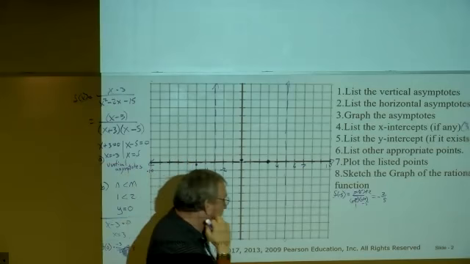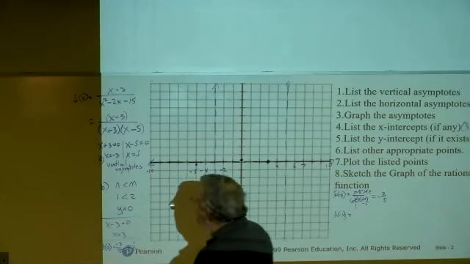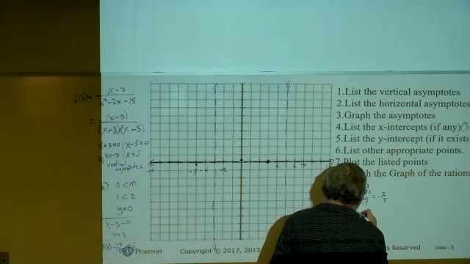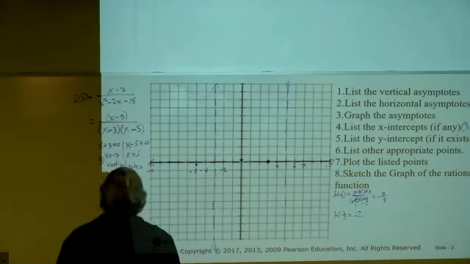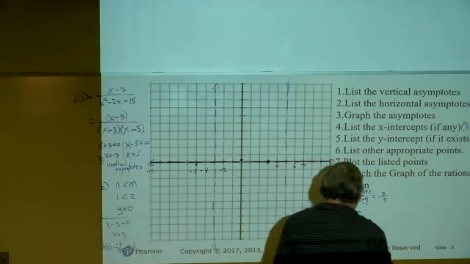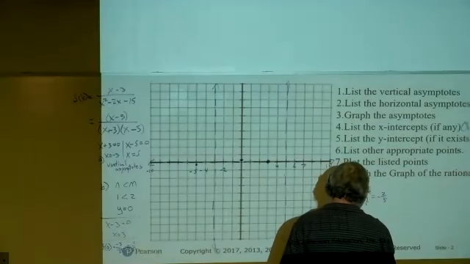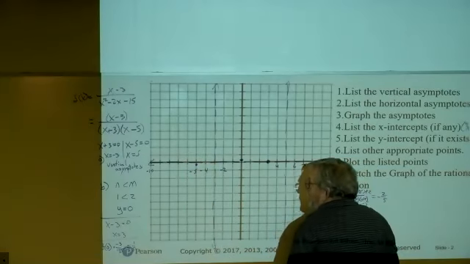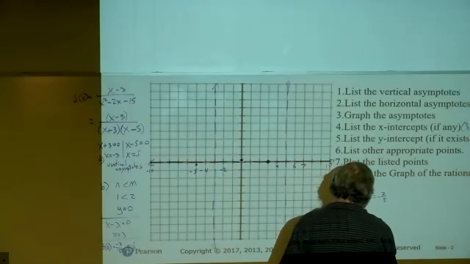So now I'm going to see what happens at -4. So -4 minus 3 is a -7. So in the numerator, I have -7. -4 plus 3 is a -1. And -4 minus 5 is a -9.